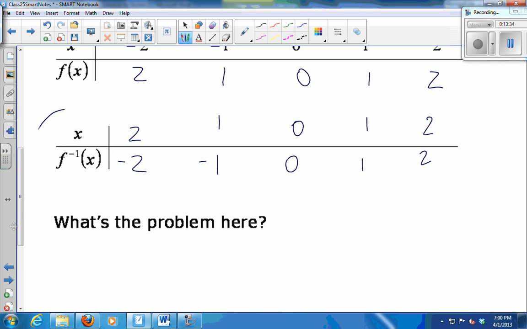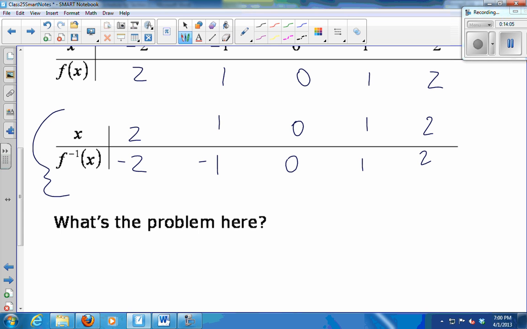What is the problem with that table of values? That's okay, because this should be a different function, right? In fact, all the inputs and outputs are reversed. So when you graph the inverse function, it's not going to look the same as the original function.